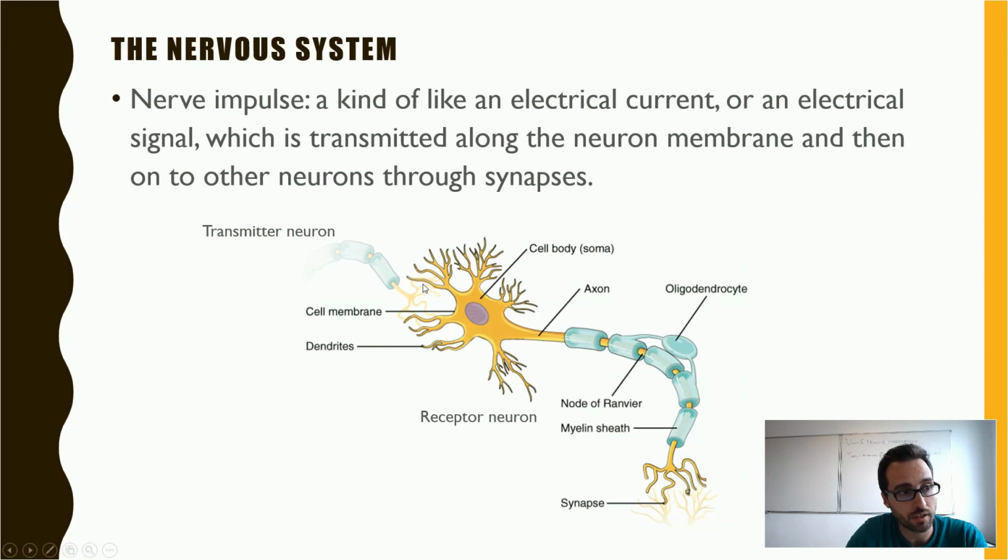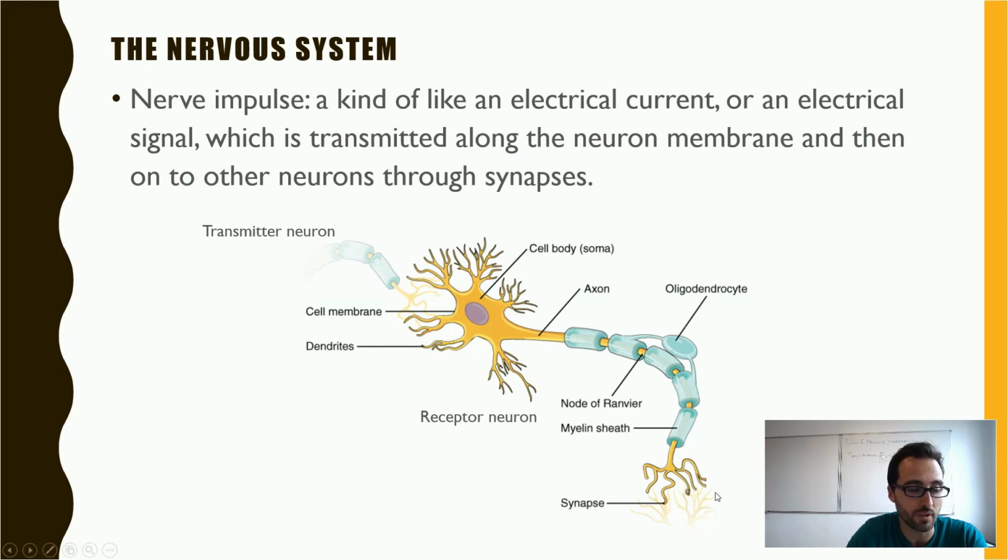They are in contact through these small gaps called the synapses. And then the receptor neuron receives the nerve impulse, and it sends the electric impulse through its axon again.